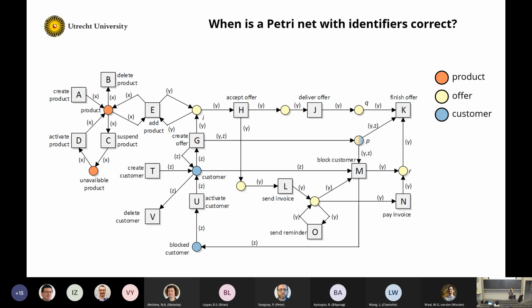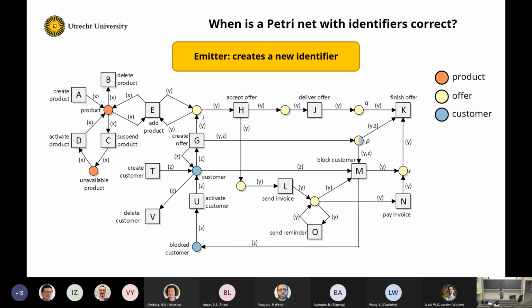Going back to this net, I can identify some special transitions in this model. The first ones are what we call emitters. Those create new identifiers. In this model, transition A creates products, transition T creates customers, and transition G creates offers. This transition G is, by the way, the one that makes the model infinite.